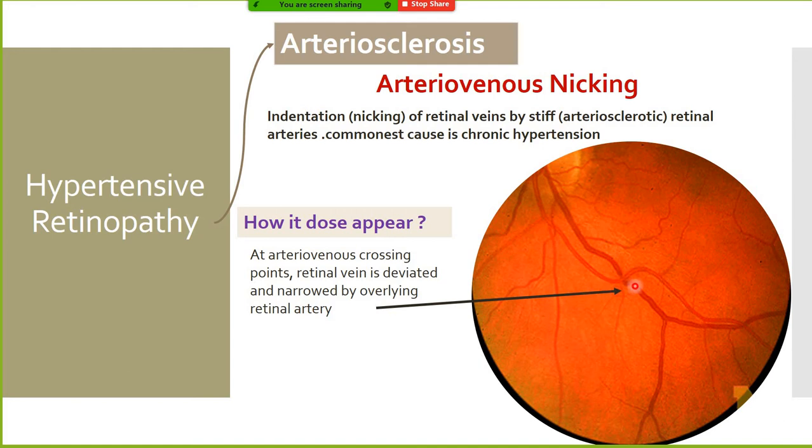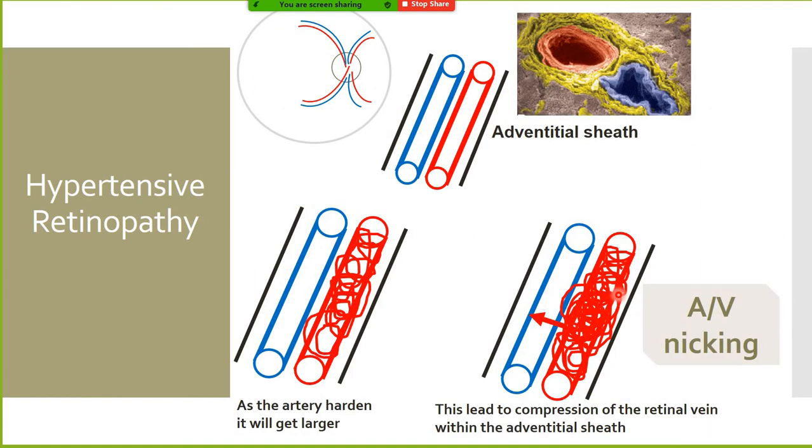So here is where your outer thickening is going to matter. Just look into this. This is the adventitial sheath. Adventitial sheath means it is the outer layer of connective tissue. Okay, so here is the artery, here is the vein. Arterial thickening occurs in hypertensive retinopathy.